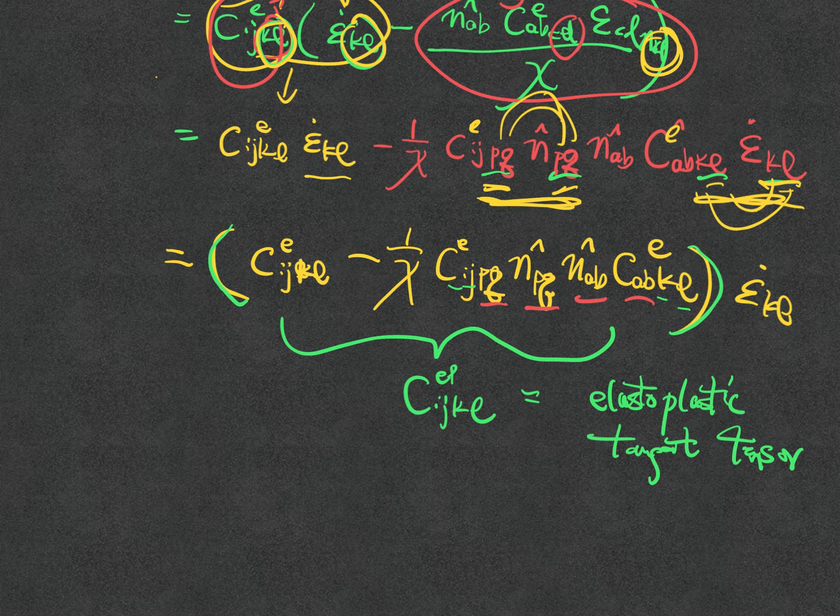Okay, so if you compute the eigenvalues of C^EP, you can compute the eigenvalue of any even order tensor. If the eigenvalue is very high, it means that the material is really hard to change the stress from changing the strain.